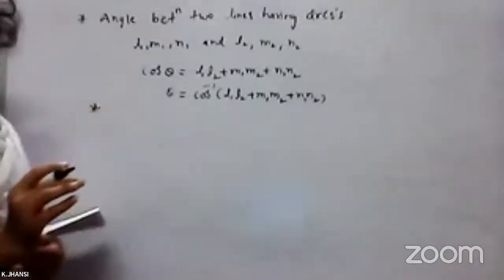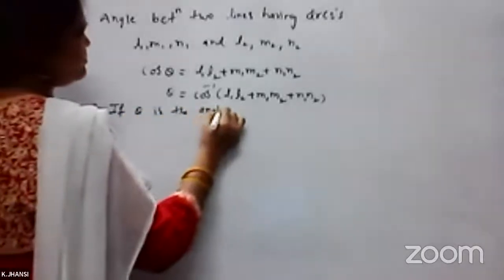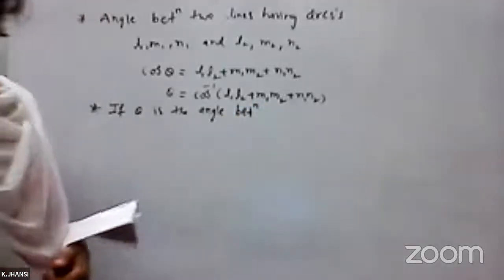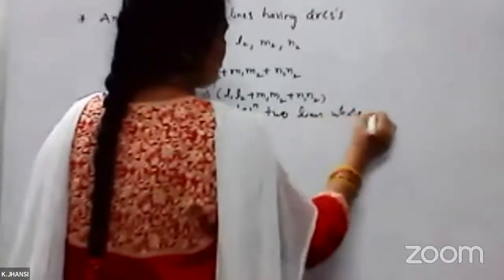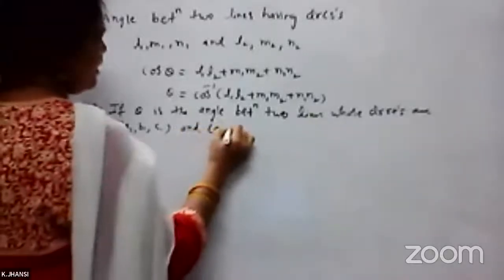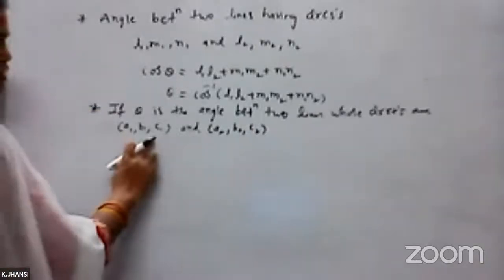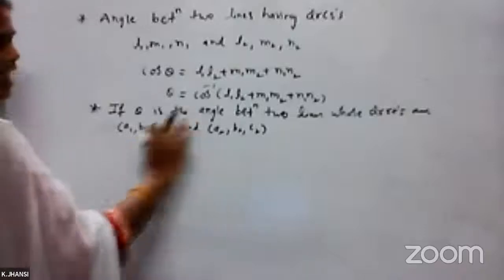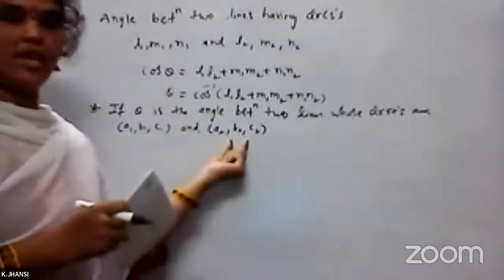Next, you have the direction ratios. If theta is the angle between two lines whose direction ratios are A1, B1, C1 and A2, B2, C2, then we use L1, M1, N1 as the direction cosines of the first direction ratio, and L2, M2, N2 as the direction cosines of the second.